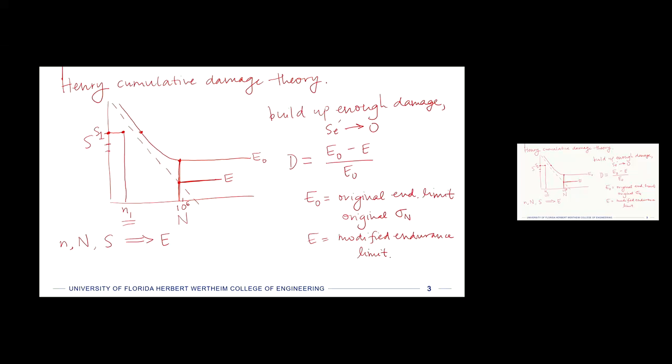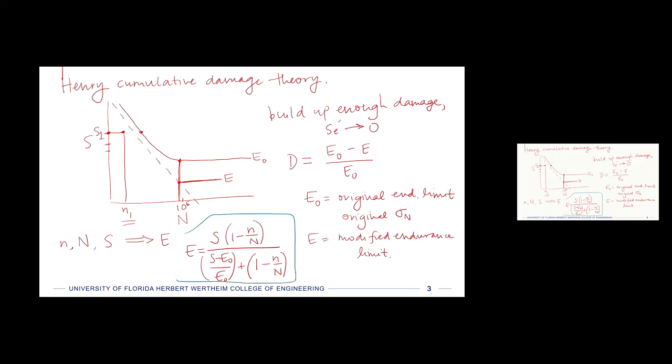And so I'm going to write the equation here, and then I'll write a box around it so it doesn't get lost on the slide. So our modified endurance limit is whatever stress we had applied times 1 minus the cycle ratio, n over N. And then in the denominator, we have how far we are above the initial endurance limit, so S minus E naught divided by E naught, plus 1 minus the cycle ratio again.